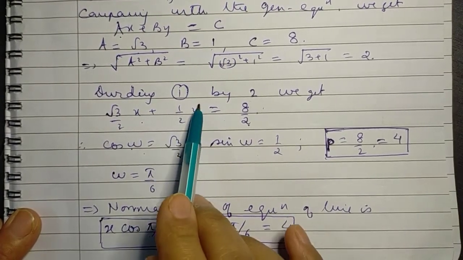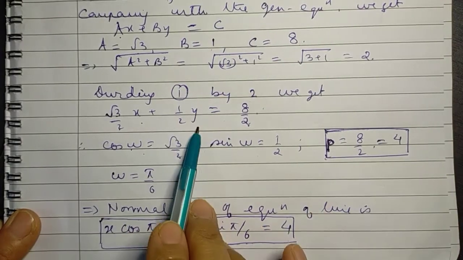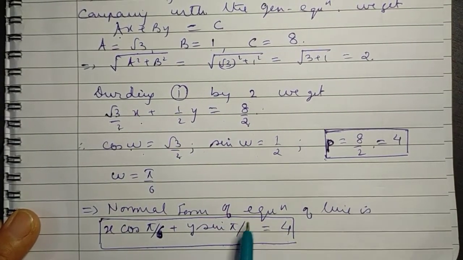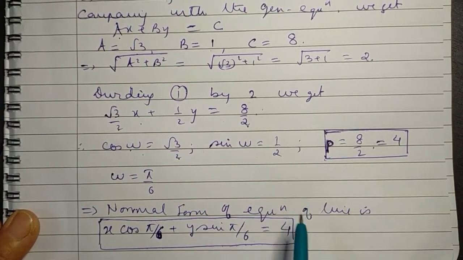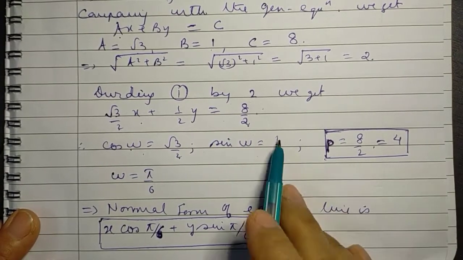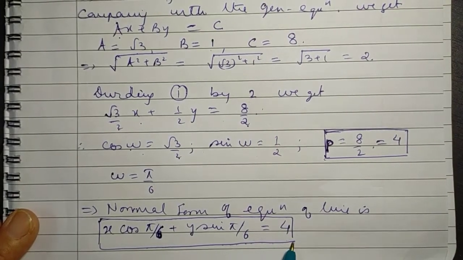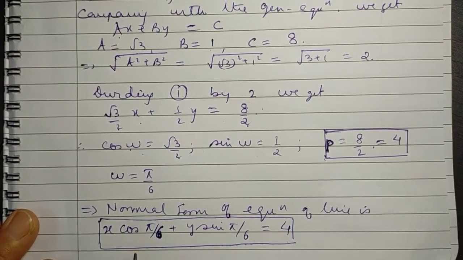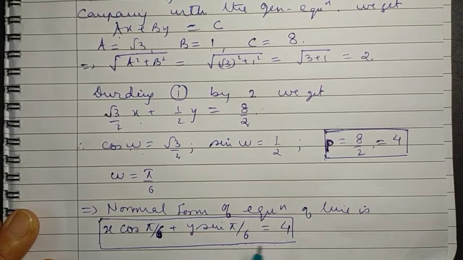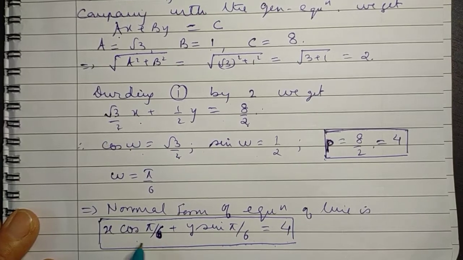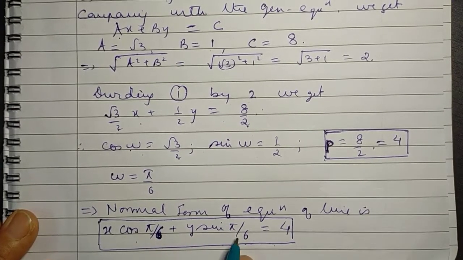In place of this y is as it is, and for half you will write sine pi by 6, sine omega, and here the right hand side is the value of p, which is 4. Now we leave it as it is. Usually we are tempted to substitute the value of cos pi by 6 and sin pi by 6.